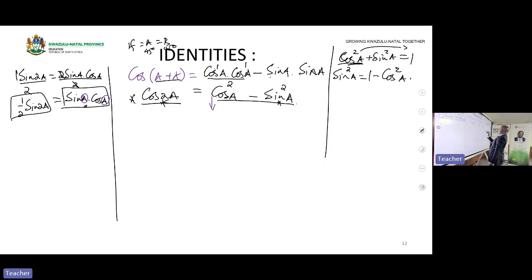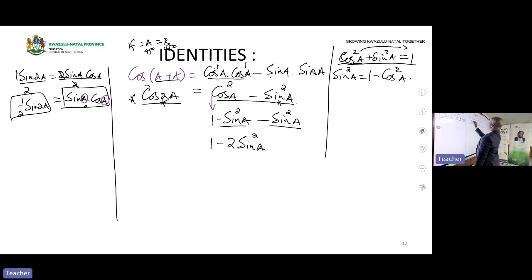This cos will be the same as 1 minus sine squared A, according to this identity, minus sine squared of angle A. We group the like terms. So negative sine squared A minus sine squared A is going to be negative 2 sine squared A. So whenever you see this cos 2A, you don't see this one, but you see 1 minus 2 sine squared A.